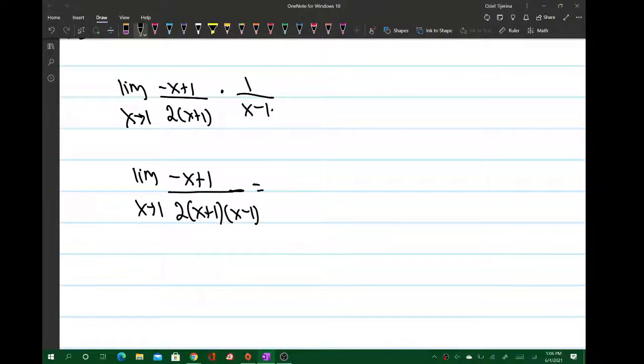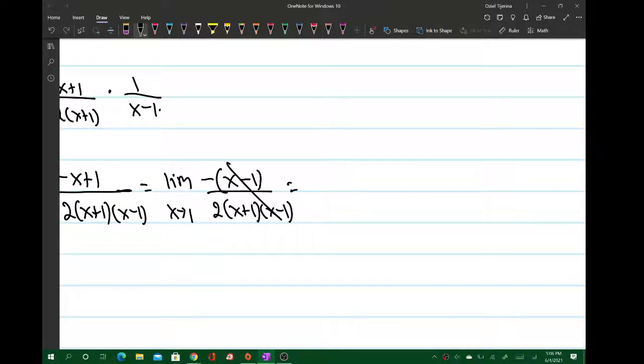So this can then be the limit, and you can factor out the negative. So you can say negative the quantity x minus 1 over 2 times x plus 1 times x minus 1. Now you can cancel it out.